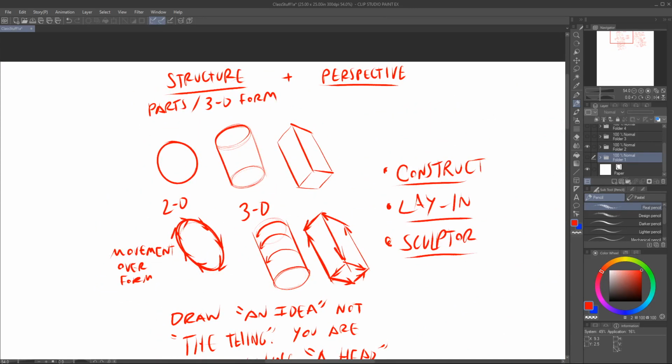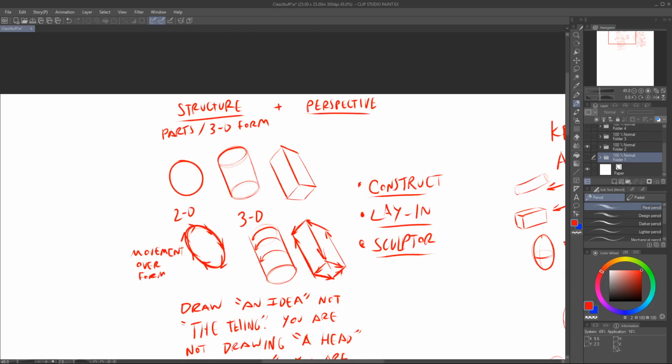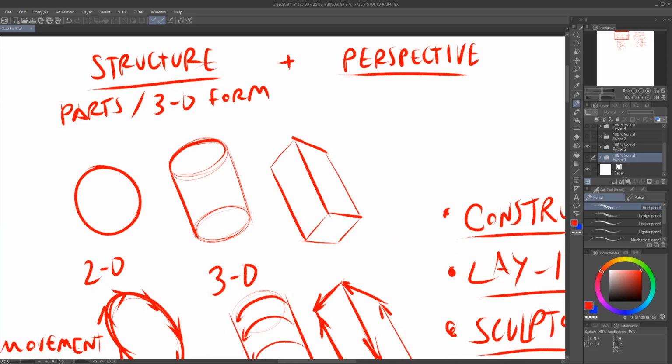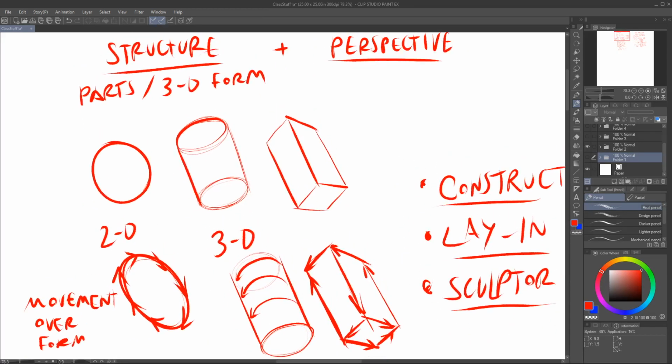So, what is structure? Structure is the parts in space, basically. Structure is basically 3D forms in space, like the difference between 2D and 3D. This is a 3D circle right here, an ellipse. You can see the ellipse around it describes a circular shape, but this circular shape does not describe anything in 3D.